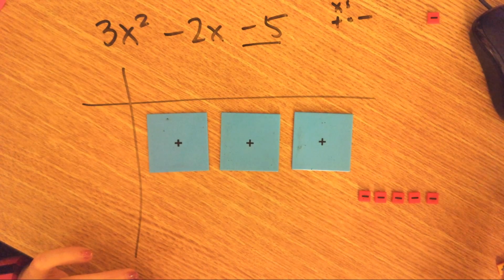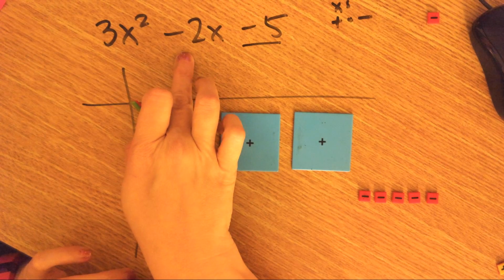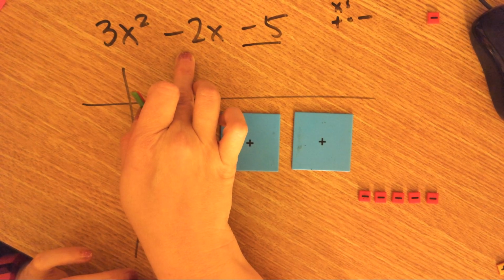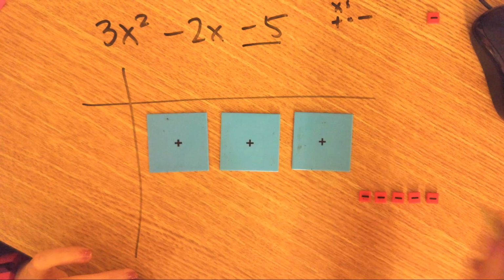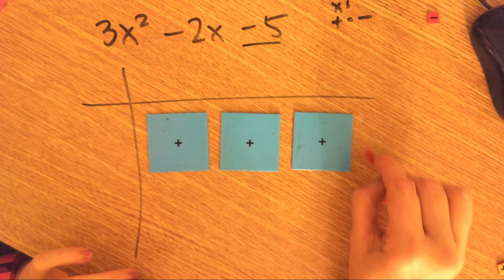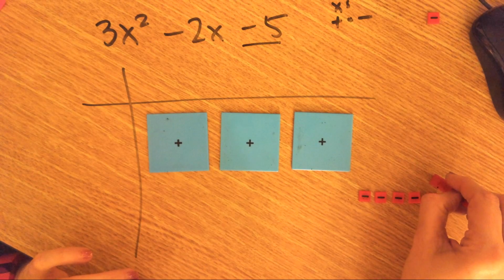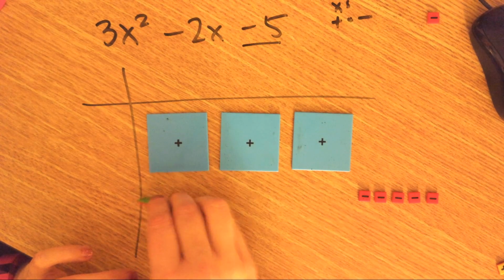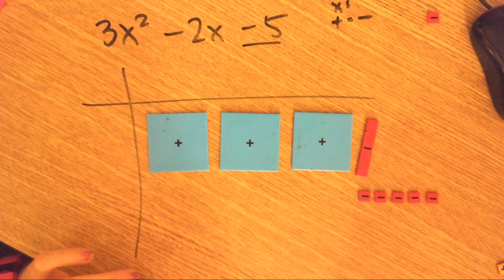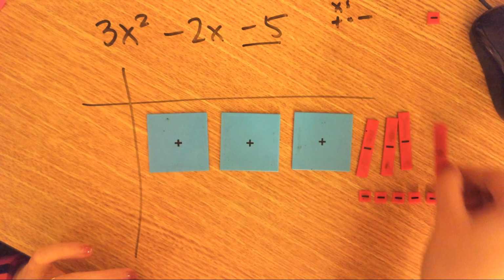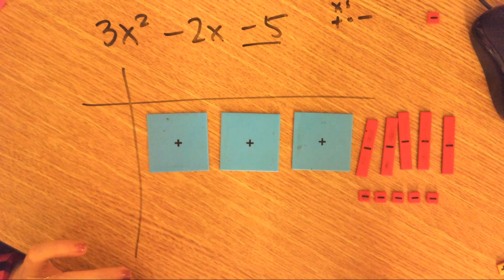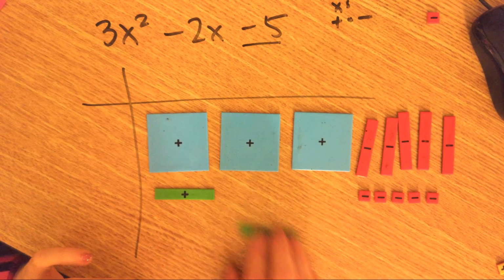So now I'm going to try putting down tiles. I have negative 2, so that means I need to have more negatives than I have positives. Here I've got space for 1, 2, 3, 4, 5 columns, and here I'm going to have 1, 2, 3 rows. That means my negatives have to go here because I have to have more negatives than positives. You may be asking, but why do I have to have more negatives than positives?